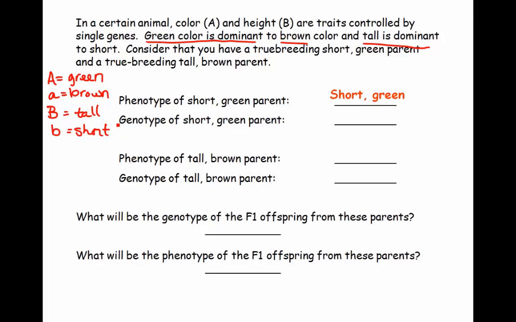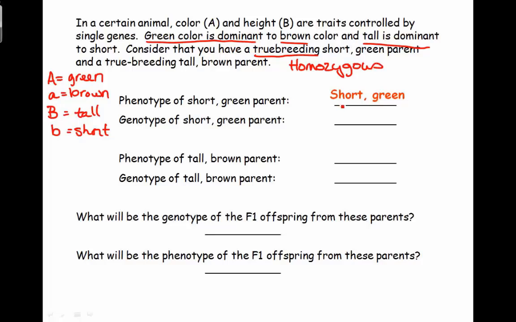Next question, we want to know what is the genotype of the short green parent. Well, genotype, now we want to use our letters. And notice in the question that we are told that it is a true breeding parent. Recall that true breeding also means homozygous. So it is a homozygous parent, homozygous for both of the looks involved, or genes involved.